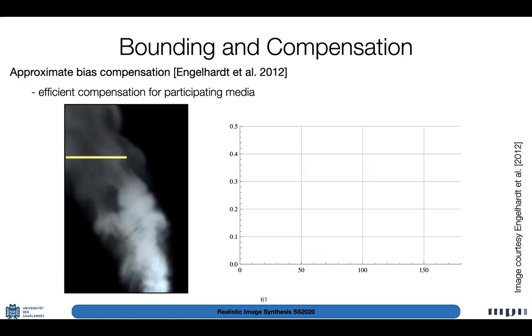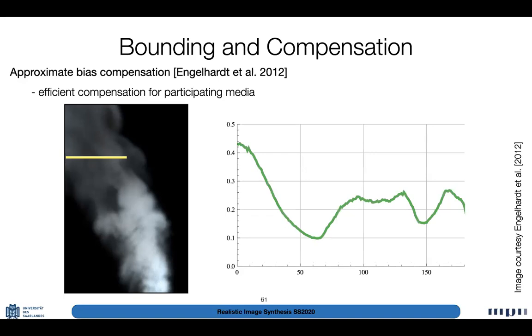So what they did is that they applied the same idea of computing the corresponding direct illumination plus the bounded indirect illumination, and then applying the residual transport over 2 bounces. Let's look at what's happening with the radiance at this yellow line, the scan line, which I have drawn over the image.